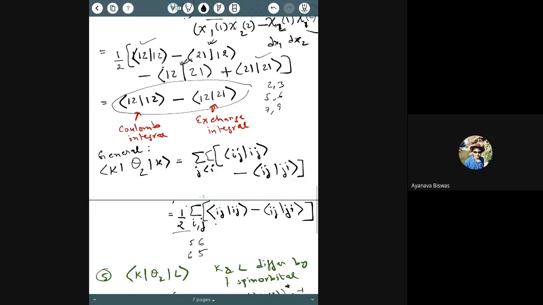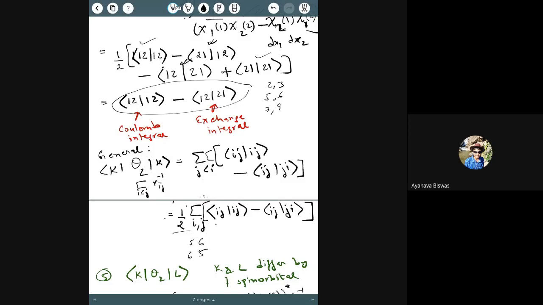So theta 2 is what? So theta 2 is basically I not equal to j, r_ij inverse. So theta 2 is a sum of the Coulomb repulsions of all unique pairs of orbitals.